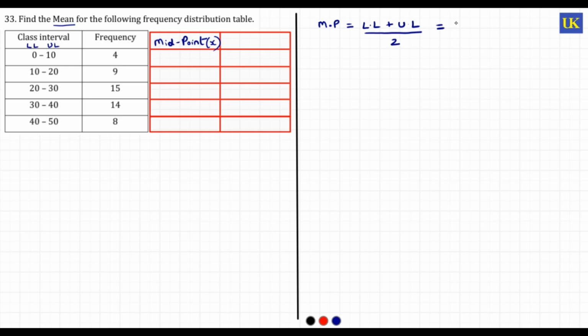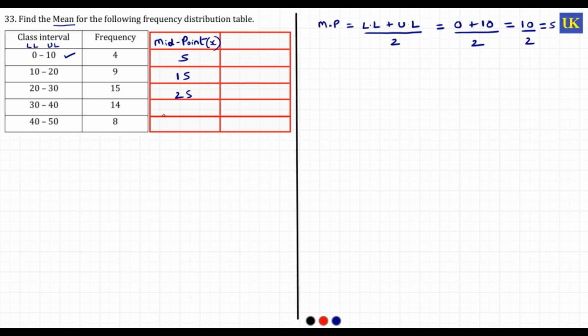So 0 plus 10 divided by 2 for the first one. 10 divided by 2 is 5. So our midpoint will be 5. Then similarly here, 10 plus 20 is 30. 30 divided by 2 is 15. This is 50. 50 divided by 2 is 25.